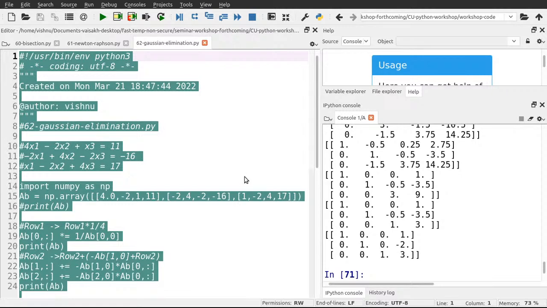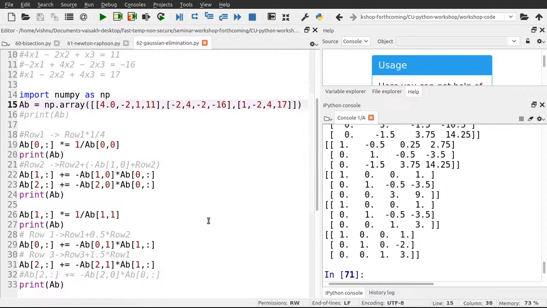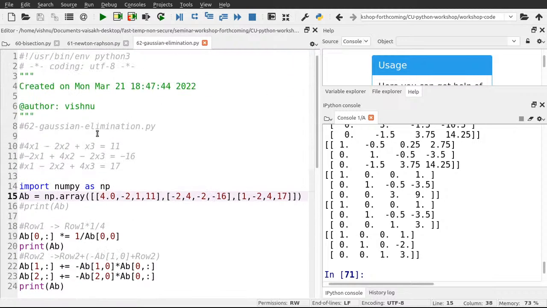Okay, now we need to do this program in full generality. So let me copy and paste the entire code. We have executed the same type of code multiple times, but instead let us try to do it in a loop.